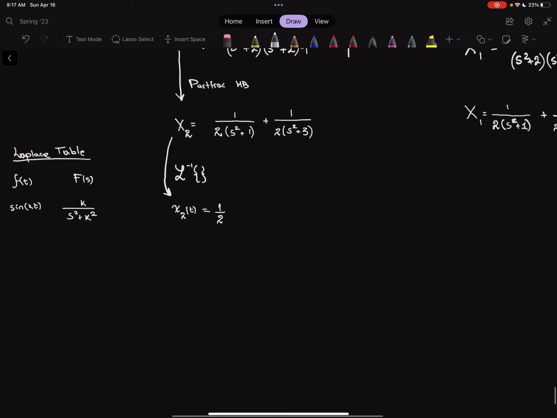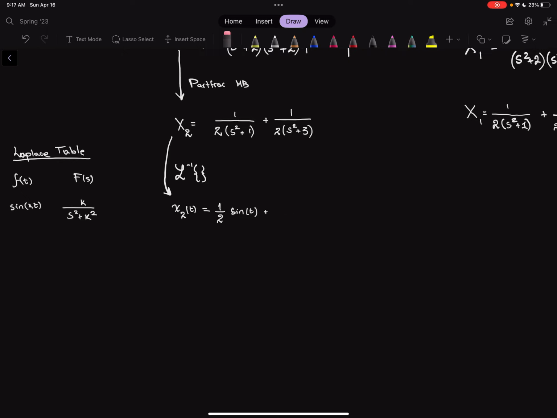So now that we have this, I can say, well, my k for this first case is square root of 1, which is just 1. So I can just say that this is times the sine of t. And here I'm going to have plus 1/2 times the sine.